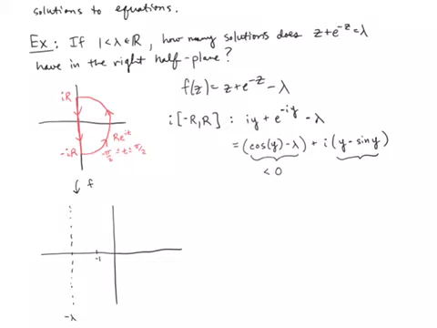So basically you're going to have something that looks roughly like this. So that's going to be the image of this segment along the imaginary axis. It's going to be some kind of thing like this.